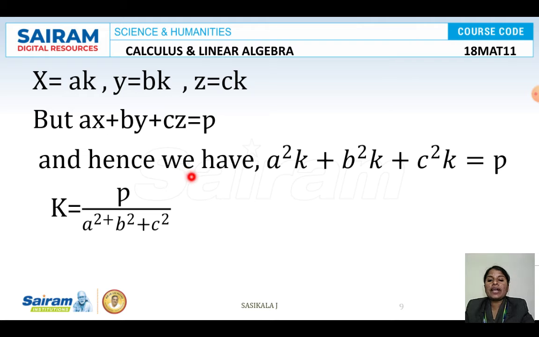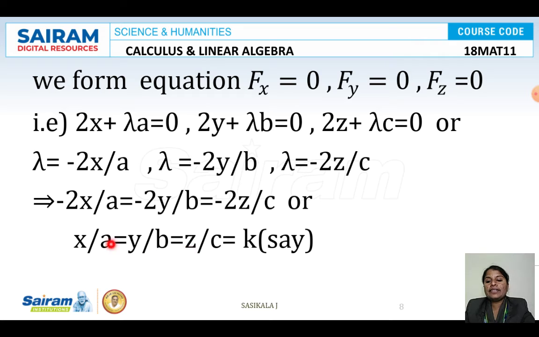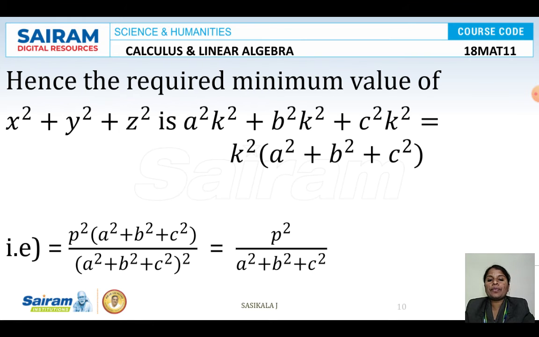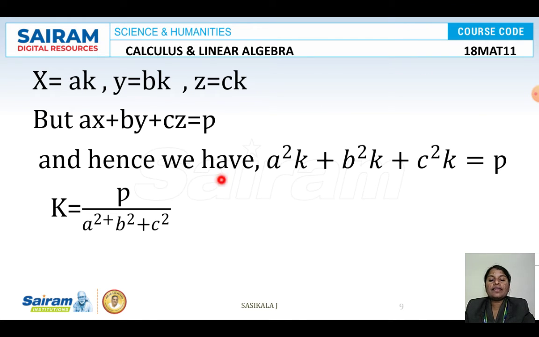So we can substitute: x is nothing but ak, y is nothing but bk, z is nothing but ck. So it will become a squared k plus b squared k plus c squared k is equal to p. So k is equal to p by a squared plus b squared plus c squared.